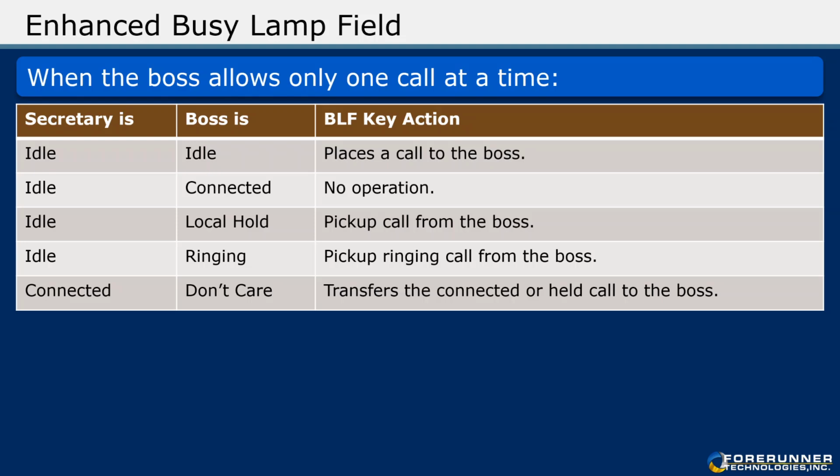If I allow only one call, this is the pattern that the system is going to follow. The way to read the slide is: if the secretary is idle and the boss is idle and the secretary presses the busy lamp field key of the boss, she places a call to the boss. If the secretary is idle but the boss is on a call, nothing happens if the secretary presses a key.